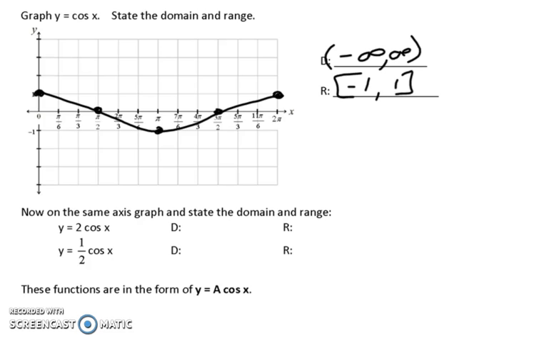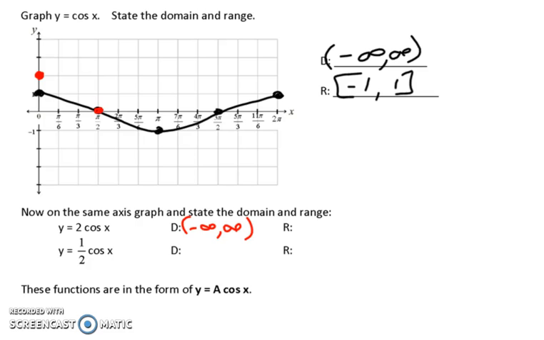So if we're graphing 2 times the cosine of x, the domain is not going to change. It's still going to be negative infinity to infinity. But we have a stretch. Now instead of starting at (0, 1), we're going to start at (0, 2). The (pi over 2, 0) will remain.